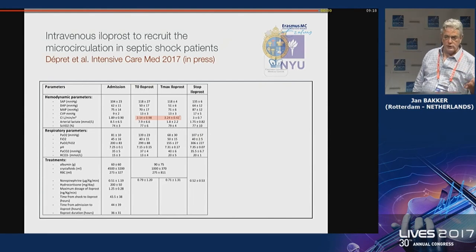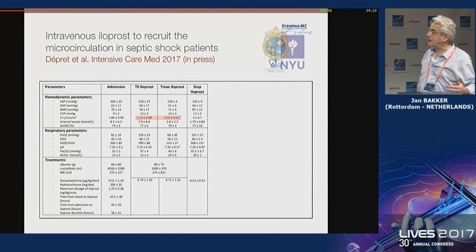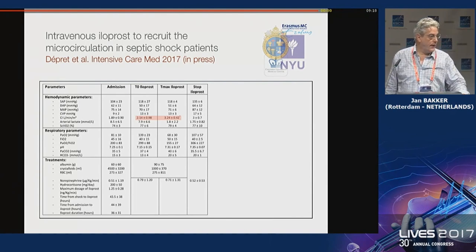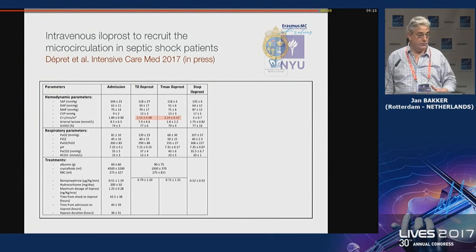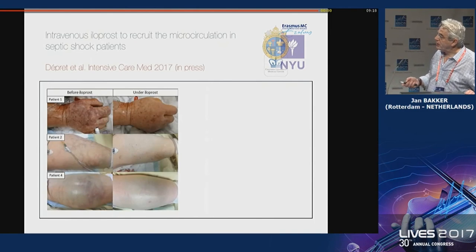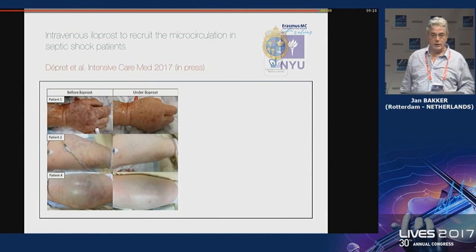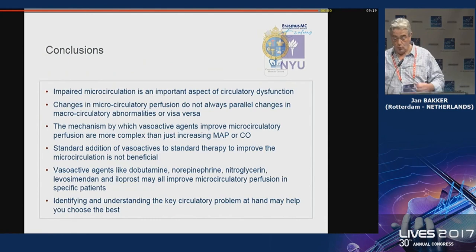So they were more than 24 hours in this bad circulatory state. And then finally he said, let's do something crazy. Let's give iloprost. And what he showed is that the iloprost increased cardiac output. And he has some very nice pictures where you can see the baseline here, very abnormal microcirculation, and very nicely corrected with this vasodilator in abnormal patients.